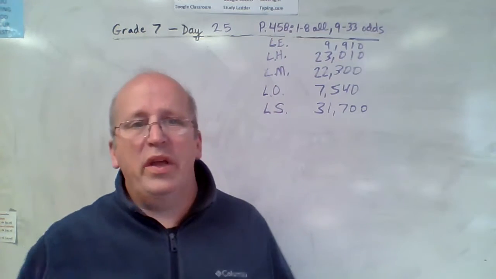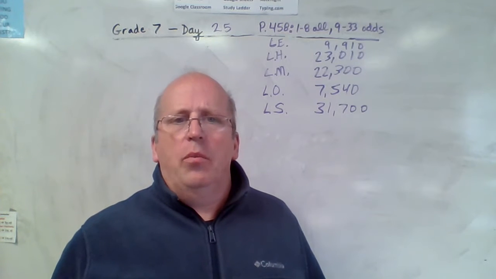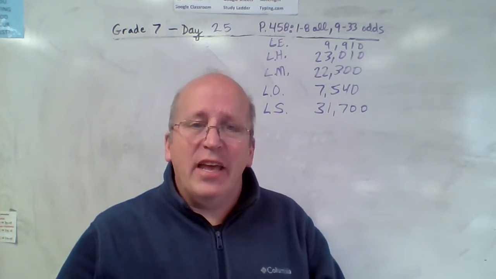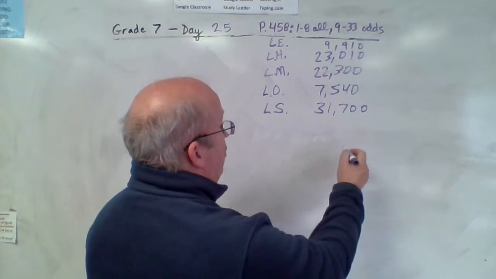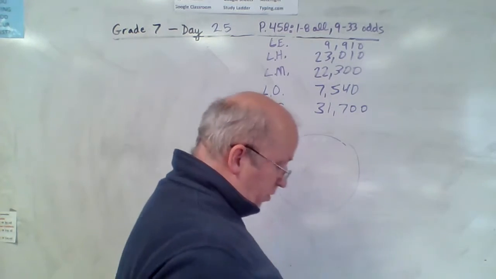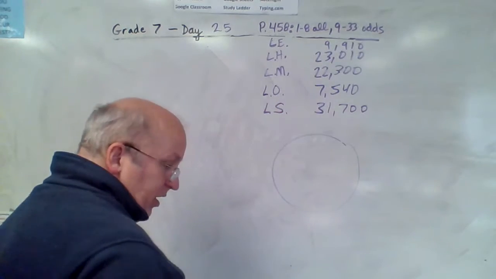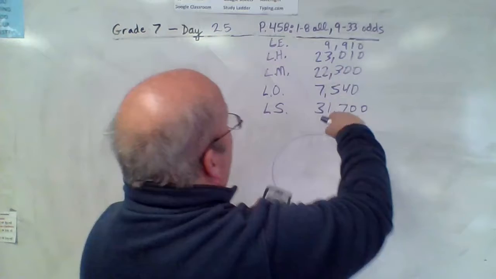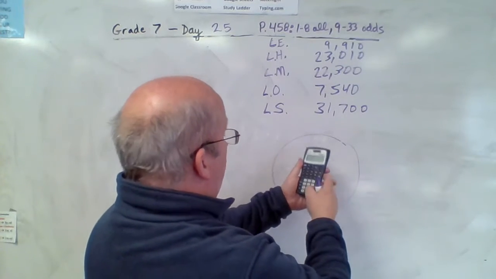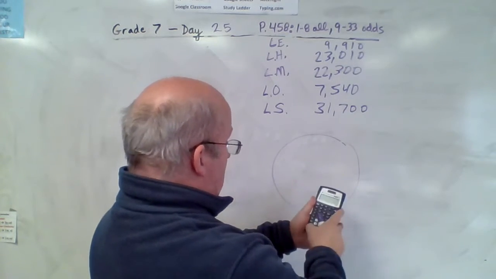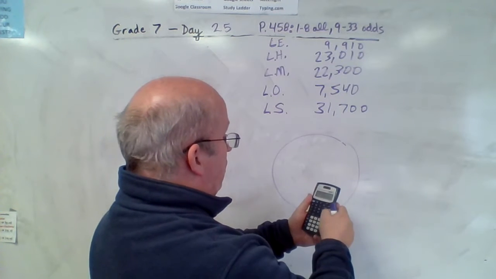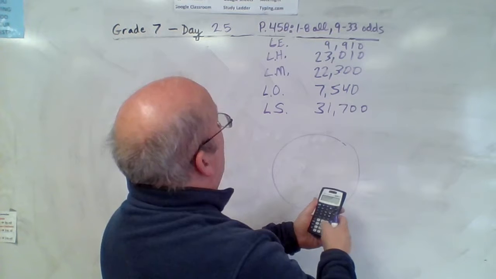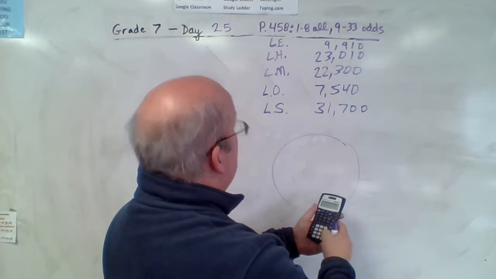How would we decide how big these sectors are for each one of these individual lakes if we were to create a circle graph? I just want to review that with you. If we were to take a calculator and add up these numbers to find the total area, I'm adding all of the numbers together.